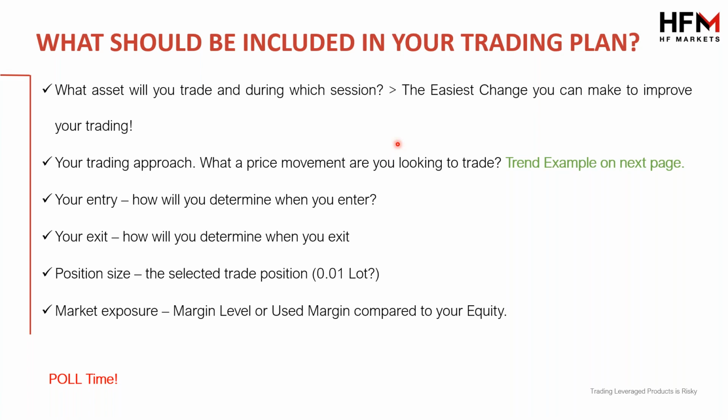For example, I may choose to trade the Euro USD, which is the cheapest instrument on our platform and on every single platform worldwide, because it's the most traded in the world. And I may choose to trade it in the US session.